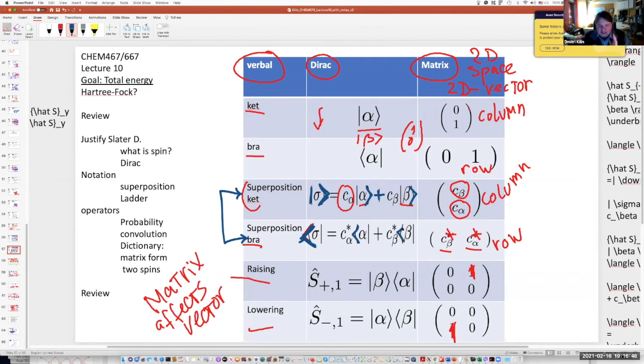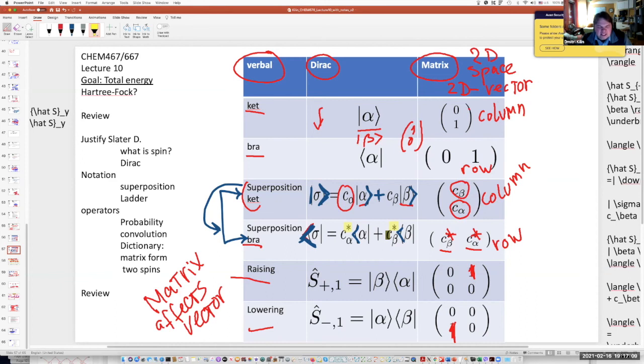Now, in addition, when we jump from cat to bra, we not only change the notation of the basis vector, we also add a conjugation. We put a star on top of this probability amplitude.